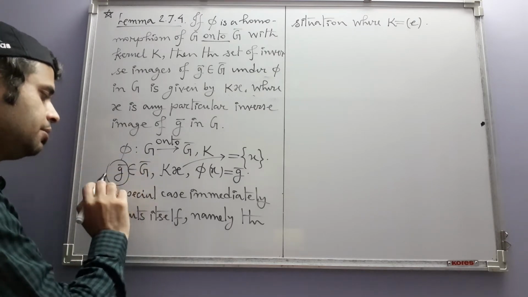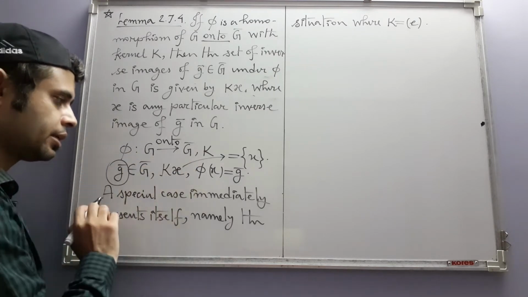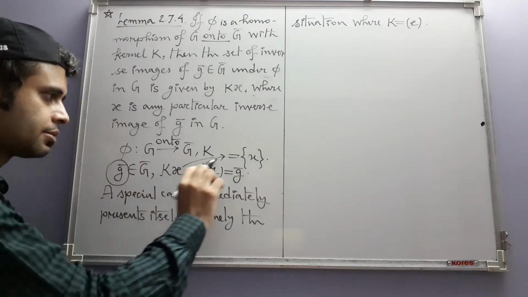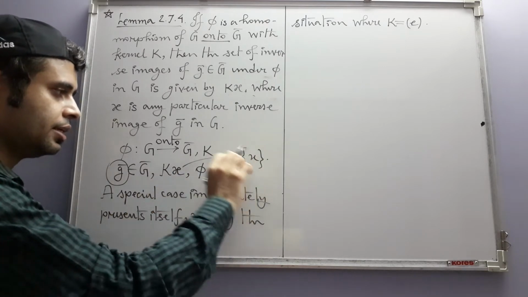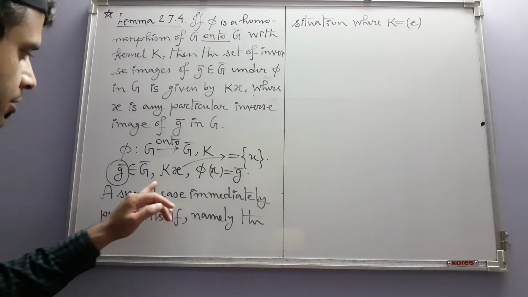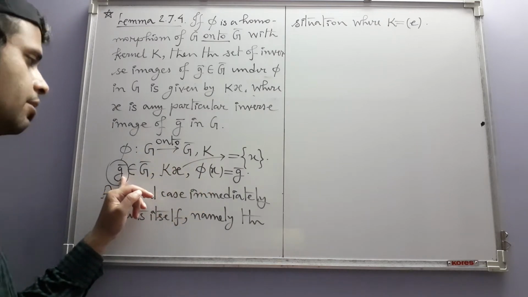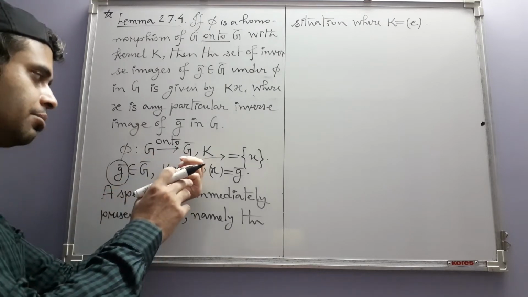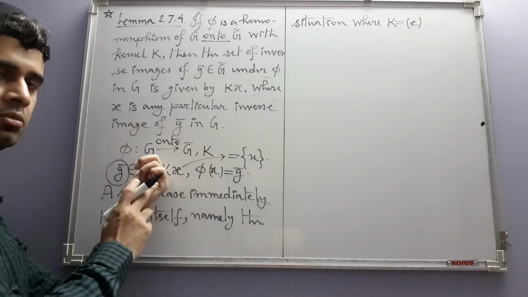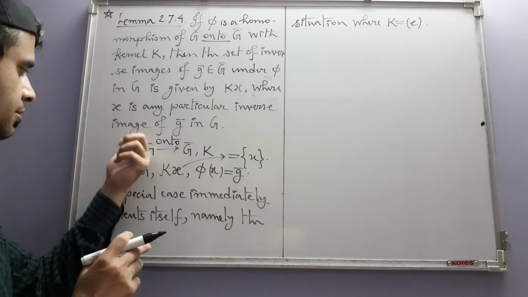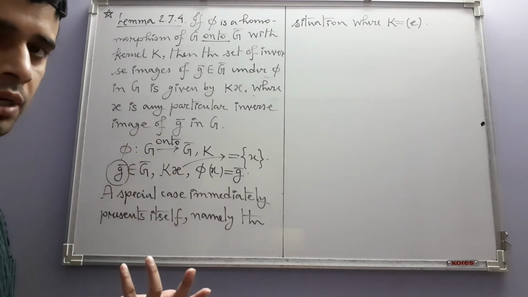Any element G bar chosen in the second group has exactly one inverse image, because according to this lemma, this is the set of all inverse images of G bar. So every element in the second group has exactly one inverse image. So that says just the fact that phi is a one-to-one mapping.